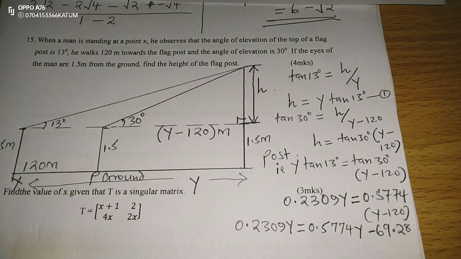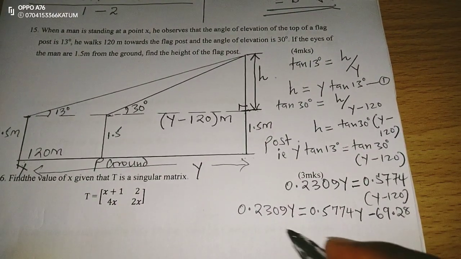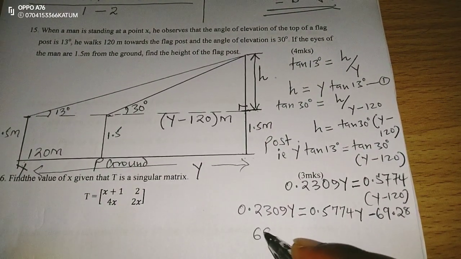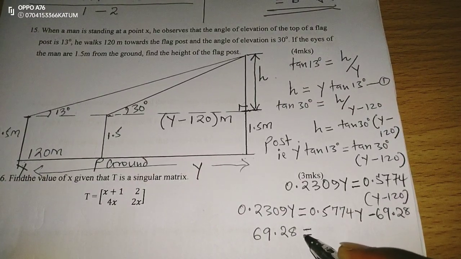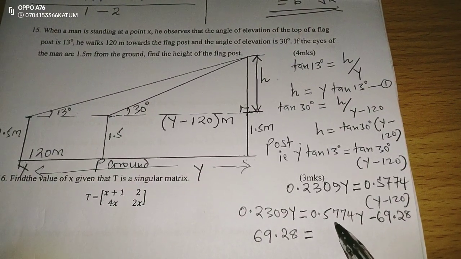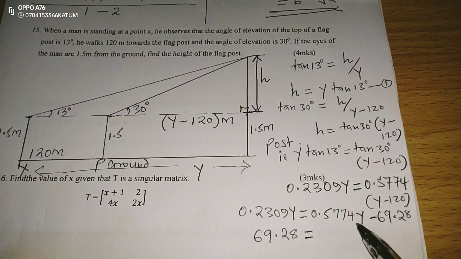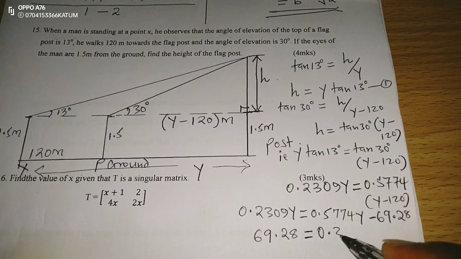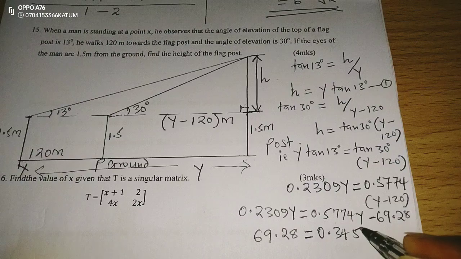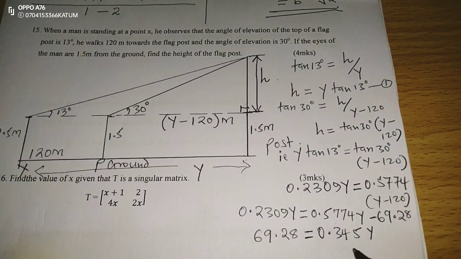So we can have 69.28 being positive at this side equals, when we take this value minus this one to bring y to one side, minus 0.345y.